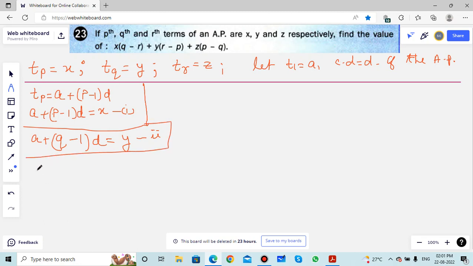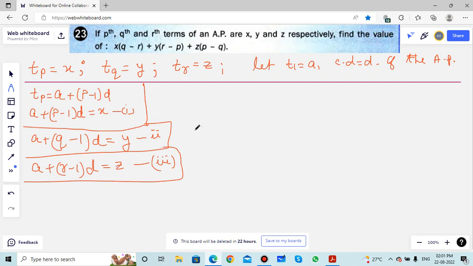Third one, a plus r minus 1 d is equal to z. Similarly I'm writing it all. And this is the third equation here, a plus r minus 1 d.